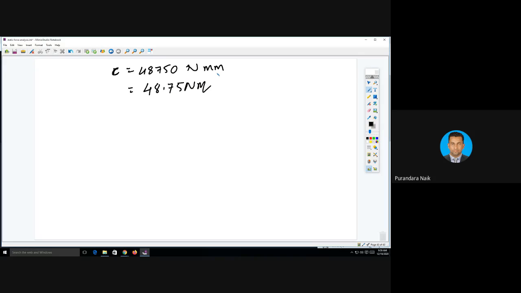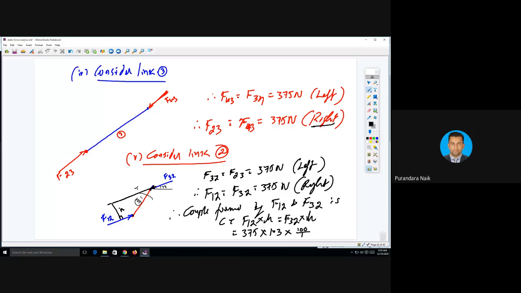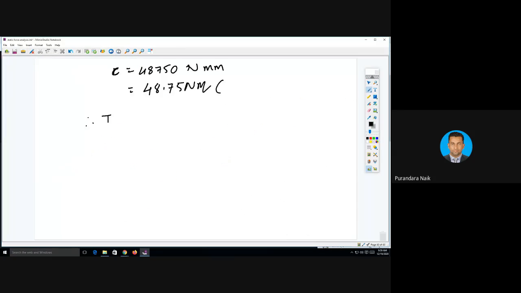Correct? Therefore, torque T. What is the direction? C is counterclockwise. T is equal to C is equal to 48.75 Newton meter, but it is clockwise.